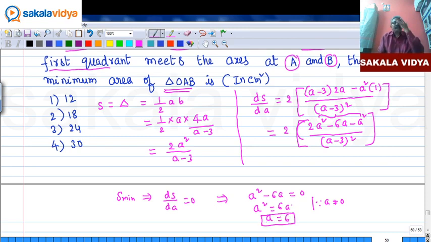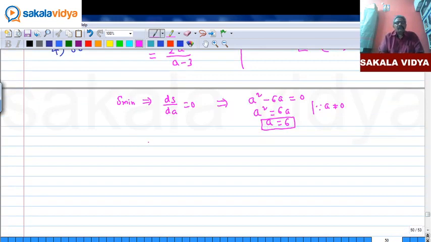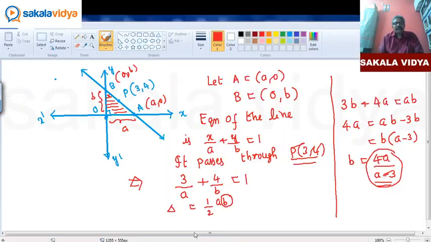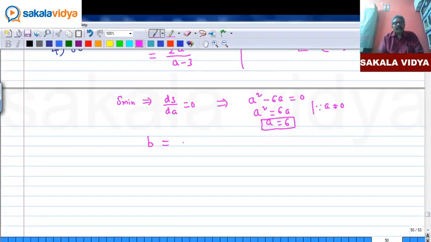Now we need to find the B value. So what is the B value here? B value is 4A by A minus 3. A stands for 6, so 24 by 3, that is 8. We know the A value and B value.